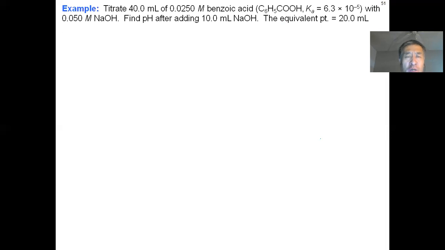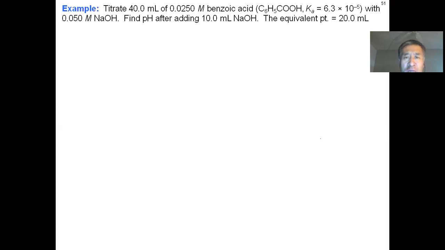when you have this much more of weak acid, and you are only adding some of the strong base, not enough to reach the equivalence point yet, there is still some benzoic acid left over, and so you have acid left over.